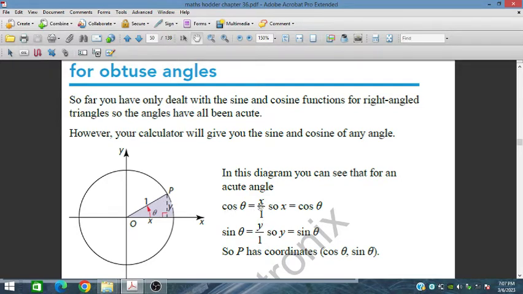So cos theta is equal to x upon 1, so x is equal to cos theta, and sin theta is equal to y upon 1, so y is equal to sin theta. So P has coordinates cos theta and sin theta. This point P is (x, y), where x is cos theta and y is sin theta.